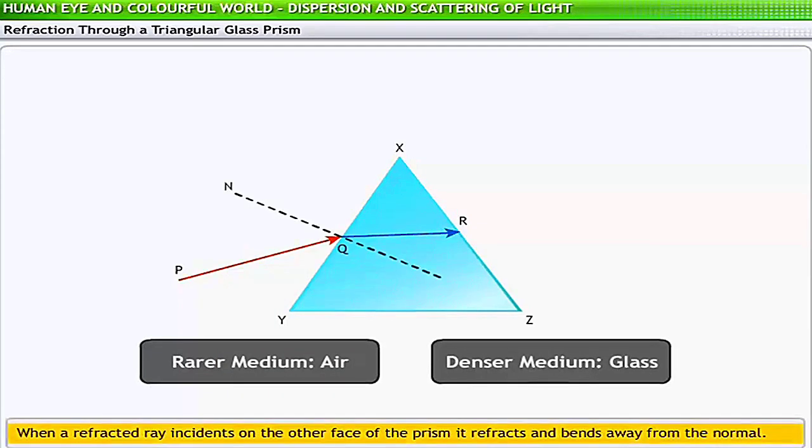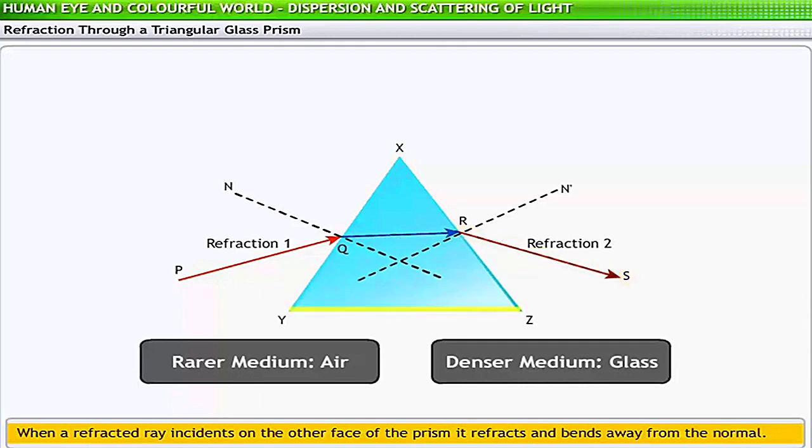When this refracted ray incidents on the other face of the prism XZ at R, it refracts again and becomes the emergent ray RS. Here, the light ray refracts from a denser medium, which is glass, to a rarer medium, which is air. Hence, the light ray bends away from the normal. Thus, a light ray refracts twice as it propagates through a triangular glass prism. The emergent ray always propagates towards the base of the prism.